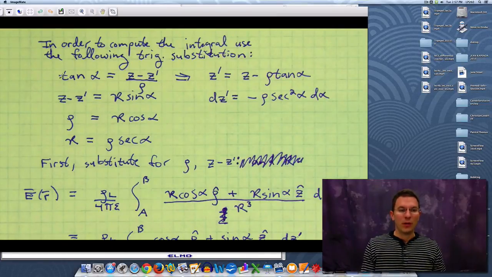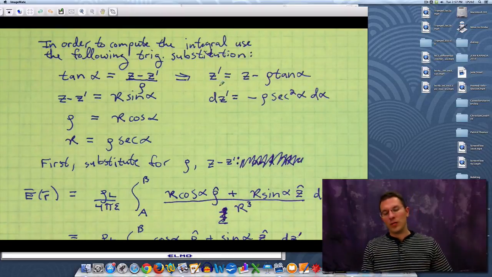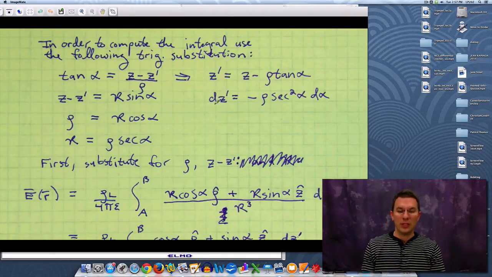We already saw this expression. That leads to this. And now, if we take differentials of both sides, you can see dz prime is equal to minus rho secant squared alpha times d alpha. Okay, this will help us to change variables in our integral.